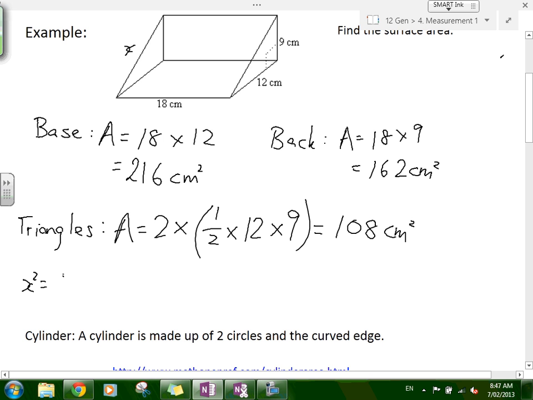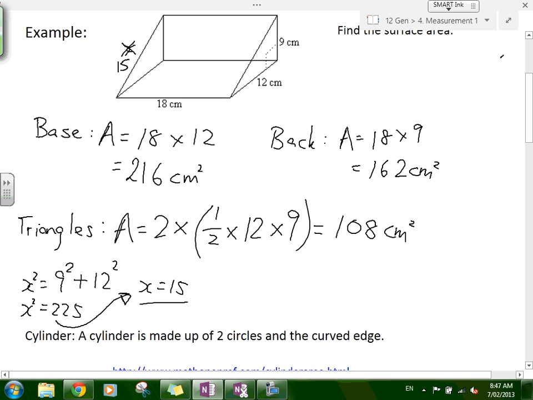So x squared equals 9 squared plus 12 squared, which is 225. So x equals 15. Alright, so this side is not x, it's actually 15.